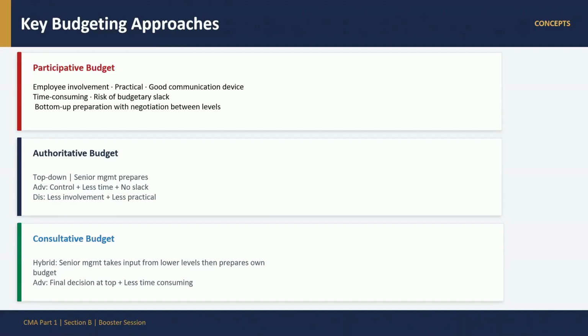Employees may feel that even if you had not asked anything from them, they would be okay. After asking for inputs, if you don't involve them in the budgeting process, they'll feel offended. That creates even less, negative involvement of employees in consultative budget. All of the budgeting approaches have their own benefits and limitations. Based on the organization's scenario and structure, it will be applicable for them to use.